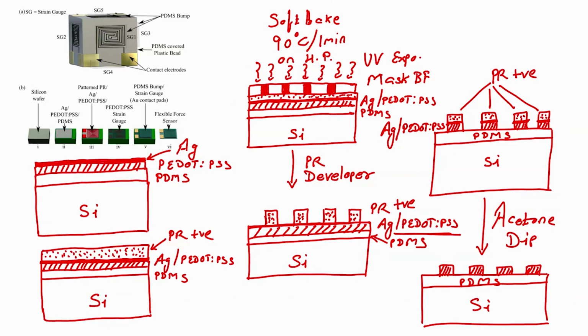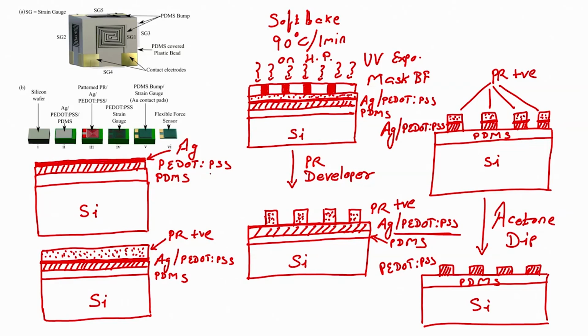We do not require silver. Silver is just used to help in patterning the PEDOT:PSS. Okay. So, what do you get? You have the strain gauge pattern of PEDOT:PSS on PDMS and PDMS is on silicon.